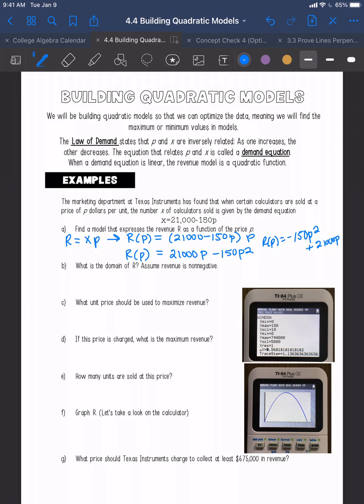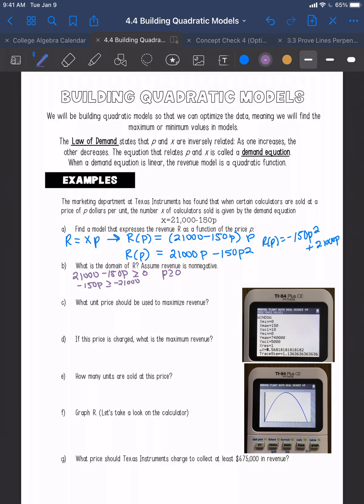Looking at part B, what is the domain of R? Assume revenue is non-negative. Well, we know that 21,000 minus 150P has to be greater than or equal to 0, and then P has to be greater than or equal to 0. If we solve that, we subtract the 21,000, so that's negative 150P greater than or equal to negative 21,000.